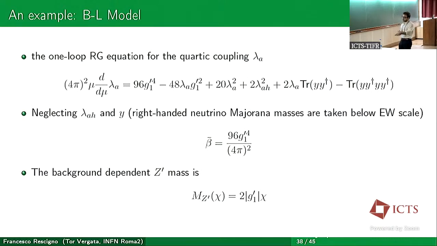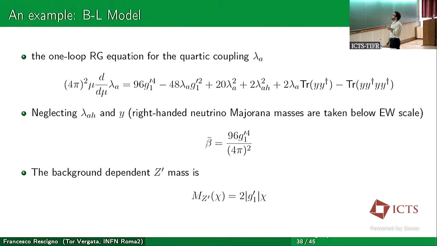Now we choose as a flat direction the radial component of A, and we're ready to calculate the beta function of the quartic coupling lambda A, which will look as follows. Then we put mu equal to mu tilde, so at the scale where we develop the flat direction, all the terms proportional to lambda A go to 0.